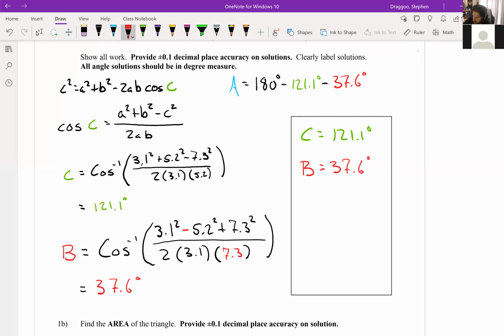And what do we get? 180 minus 121.1 minus 37.6, 21.3. So we'll also add that to the box, 21.3 degrees. And that's what that problem looks like, all solved.